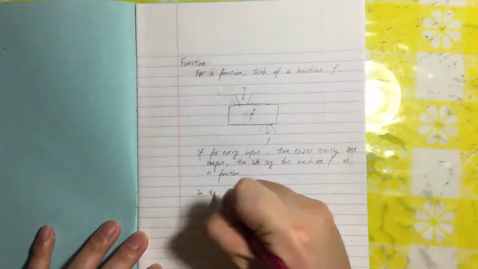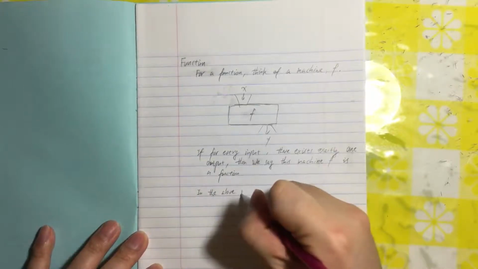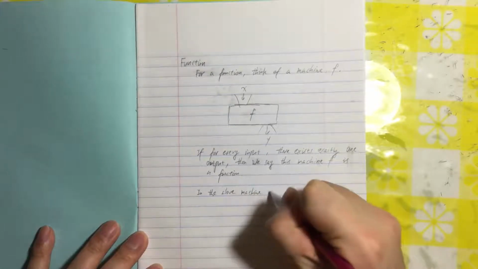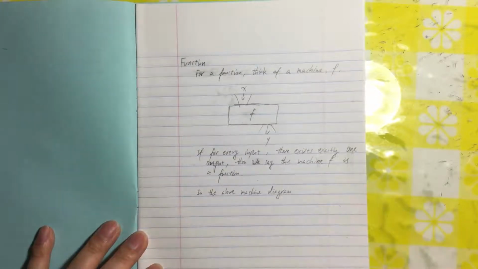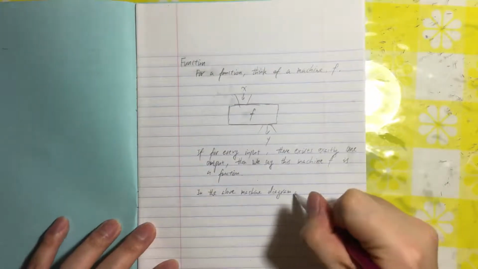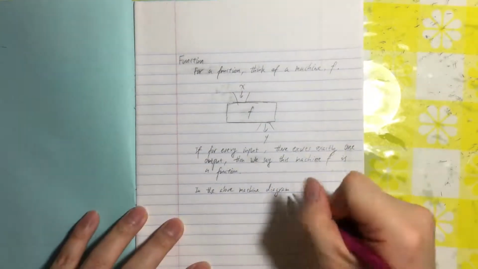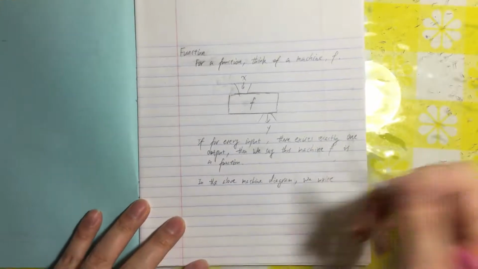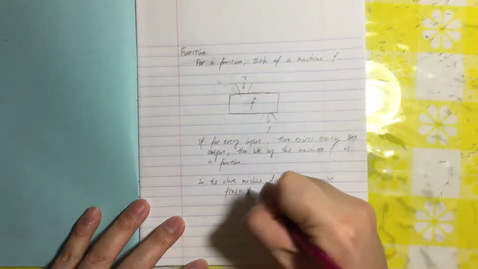In the above machine diagram, we write f of x equal to y.